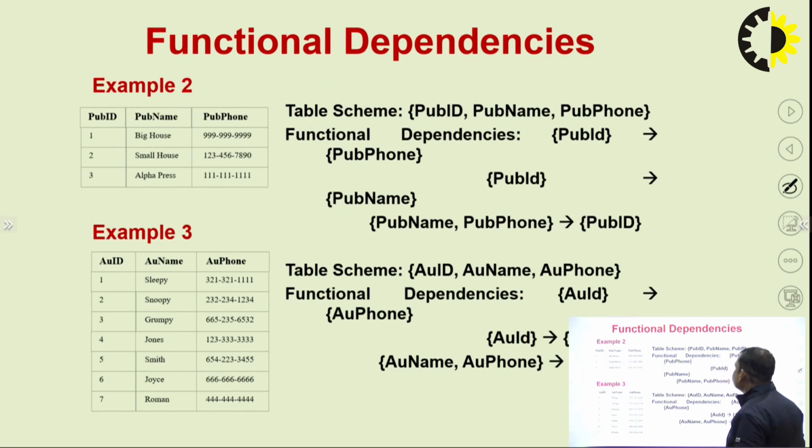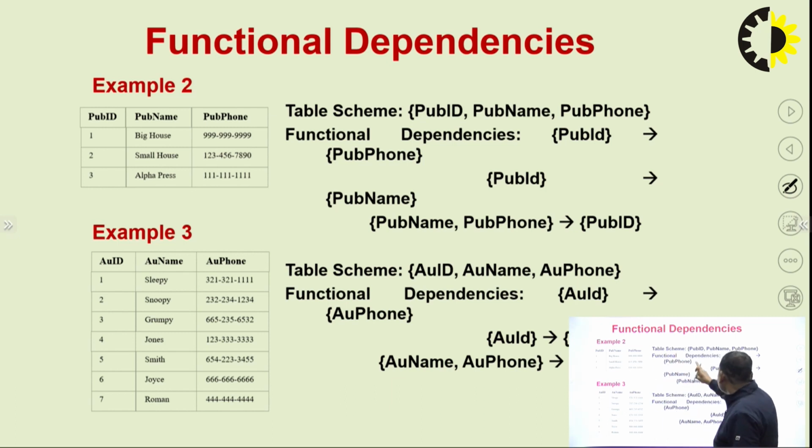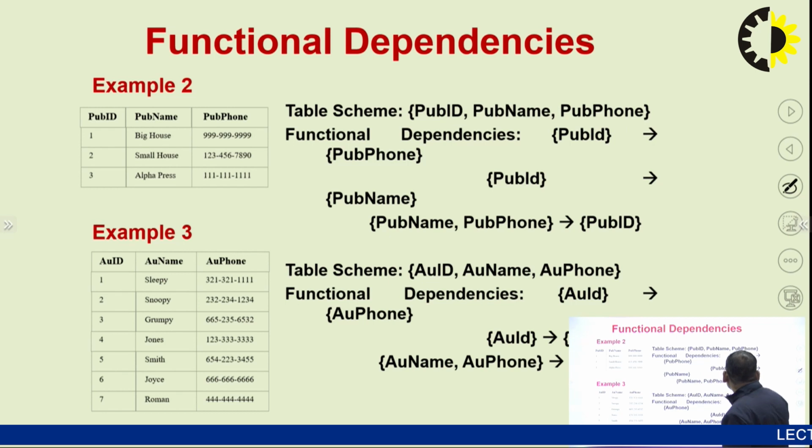Functional dependency, for example, in this table: the table schema has publisher ID, publisher name, and publisher phone number. Publisher name and publisher phone number are functionally determined by the publisher ID.